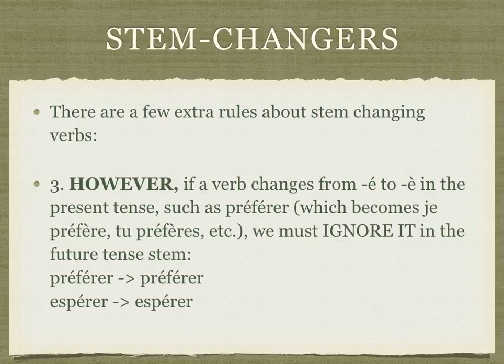For this group, we completely ignore the fact that that change happens in the present tense, and the future tense stem remains the original infinitive. So when we add things, when we add an accent or add a letter, then we have to change the future tense stem. When we're simply changing things, when we're changing the accent, then the future tense stem forgets all about it. We don't do anything with it at all.